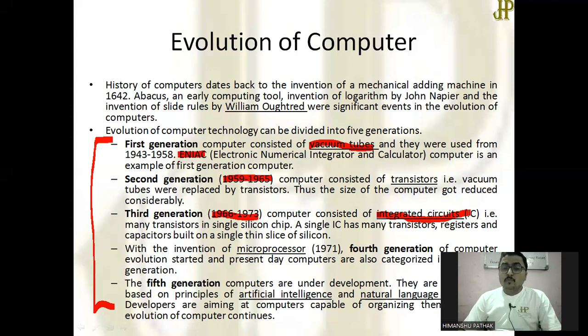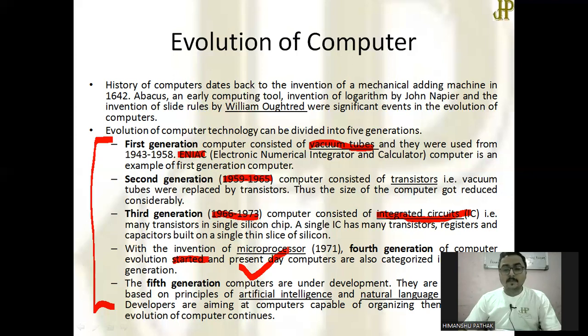With the invention of the microprocessor in 1971, the fourth generation of computer evolution started. And present day computers are also categorized in this fourth generation because various microprocessors are used in our computer systems.